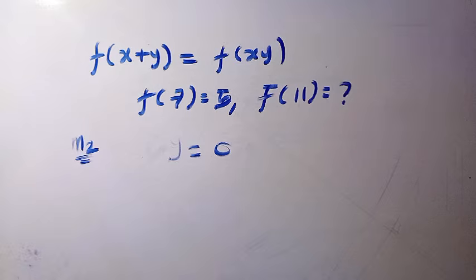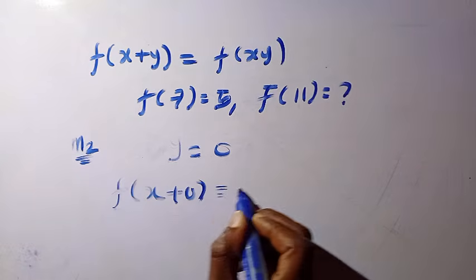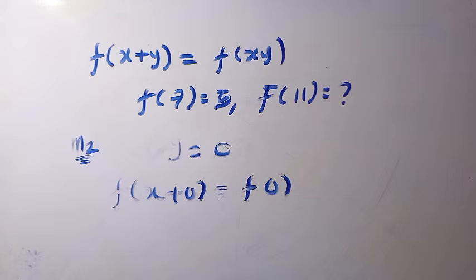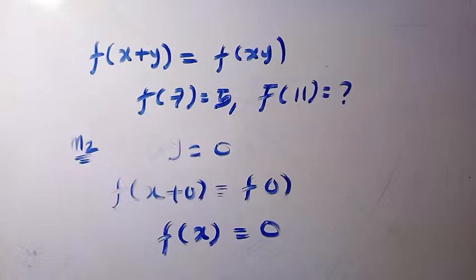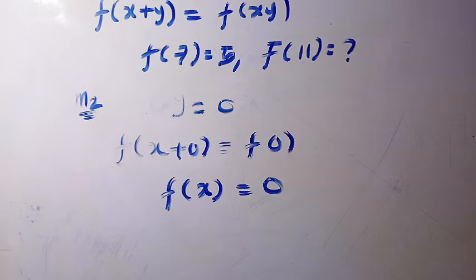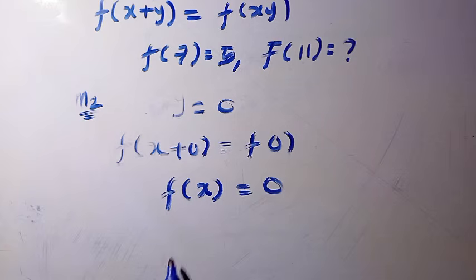So what we are going to have is f of x plus 0 equals f of x times 0. And this is f of x equals f of 0. So this is telling us that for any x, the output always remains the same. And therefore, we have a constant value no matter what we put in as x.